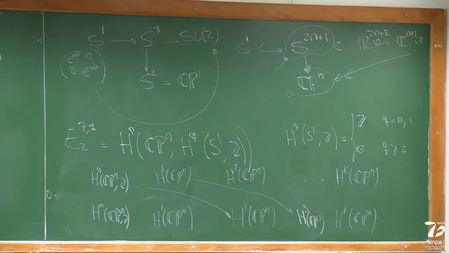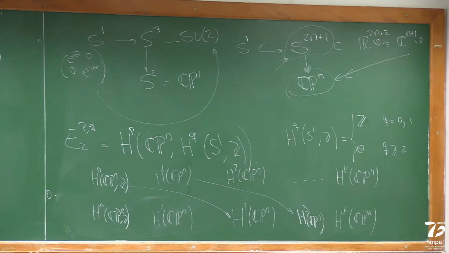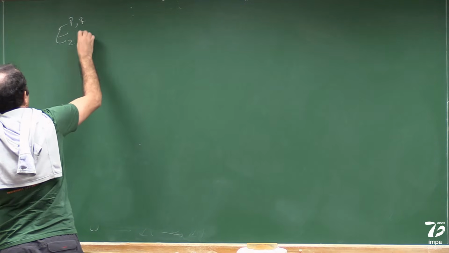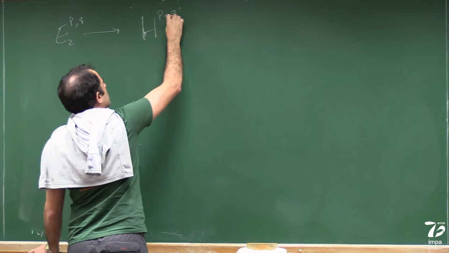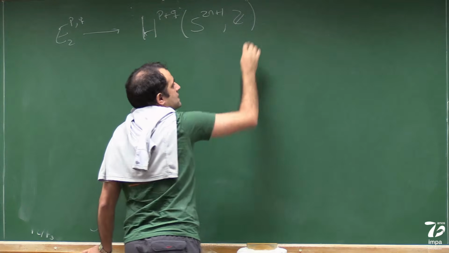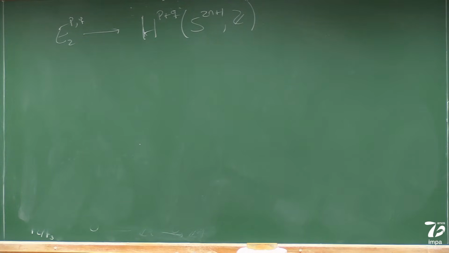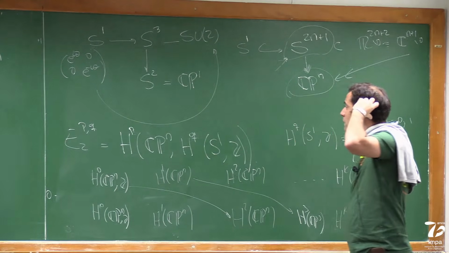I won't make this claim explicit. Okay, so we know where this thing converges. So that E2 converges to the homology of degree p plus q of S^(2n+1), coefficient Z. That's the ambient space, the sphere S^(2n+1).